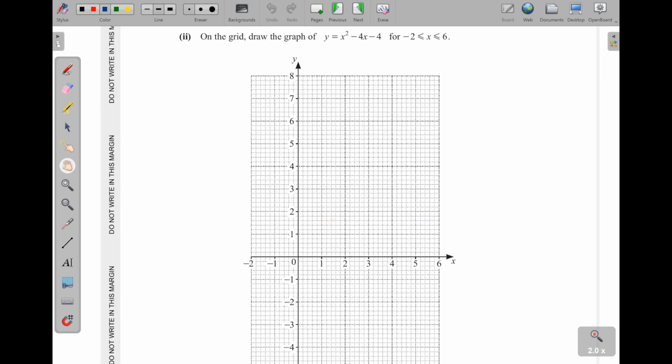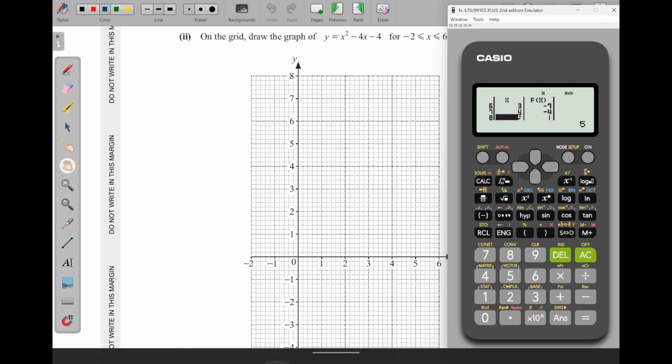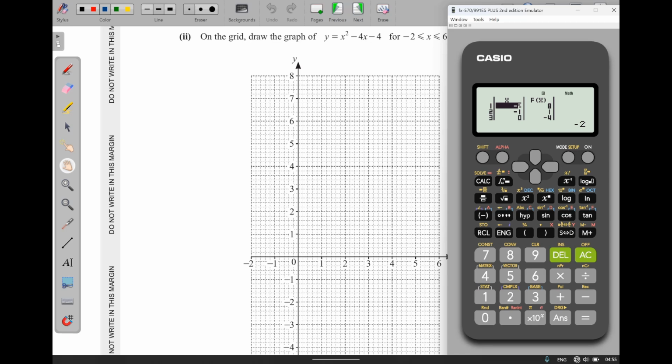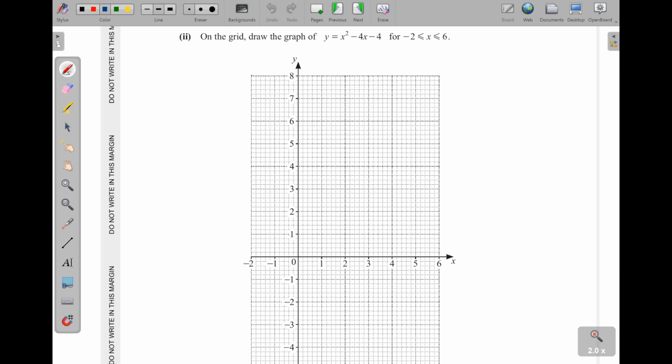Next on the grid, draw the graph of y is equal to x squared minus 4x minus 4. This is a quadratic equation. And now we plot. We have our values here. -2, 8. So -2, 8 is here. Then we have -1, 1.